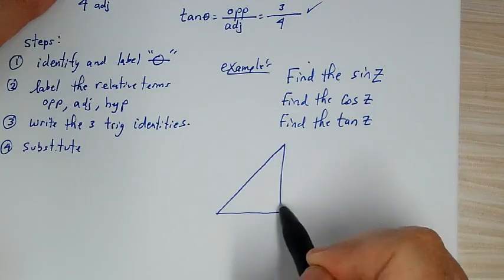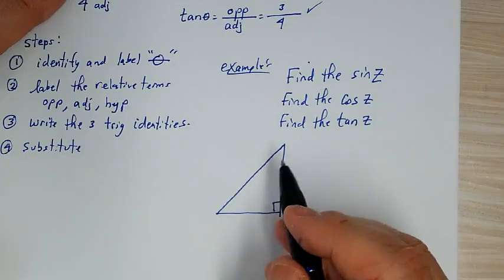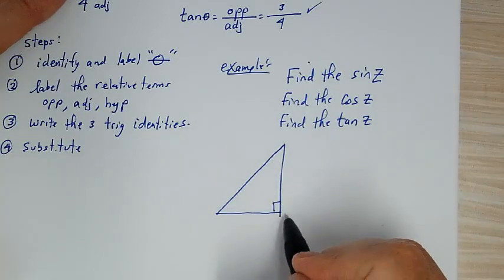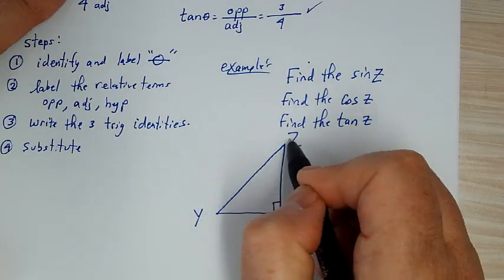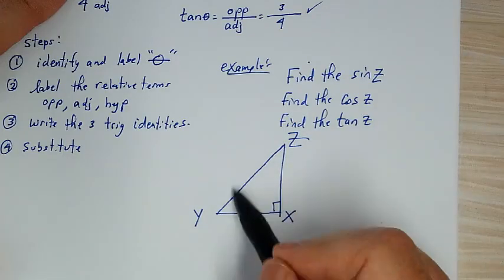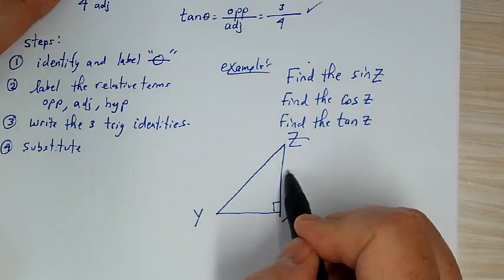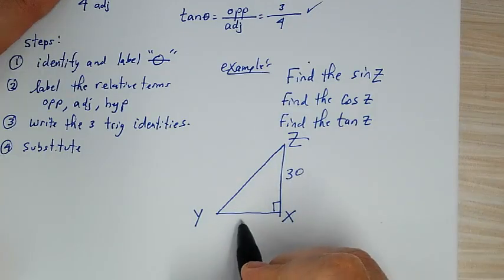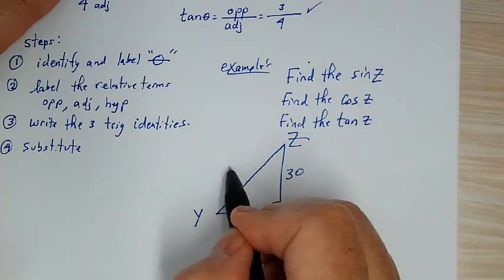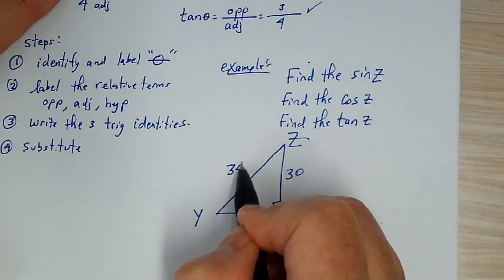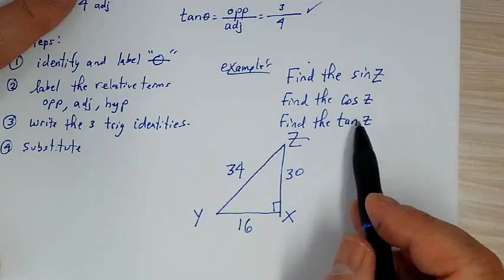Here's my right triangle, and supposing I call this triangle X, Y, Z. So that's my triangle, x, y, z. And supposing I said this side was 30, this side was, I don't know, 16, and supposing this was 34. And if I said I want you to find the sine of z, the cosine of z, and the tangent of z, let's look at those steps.